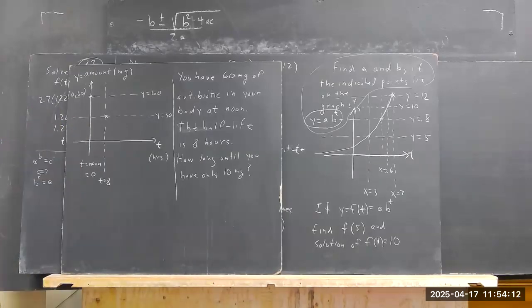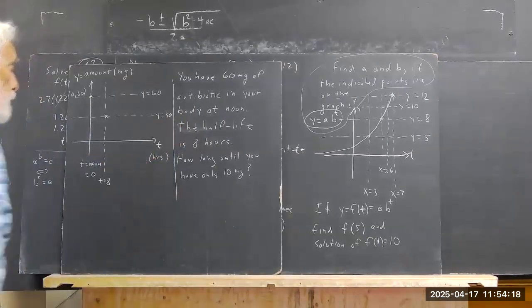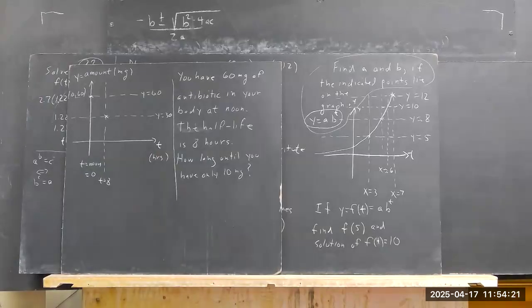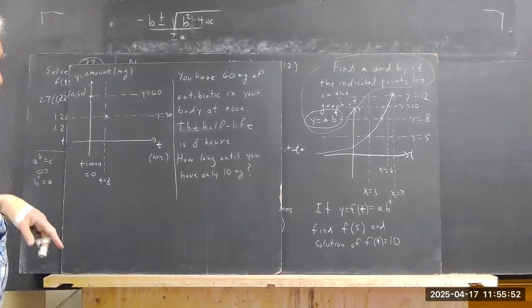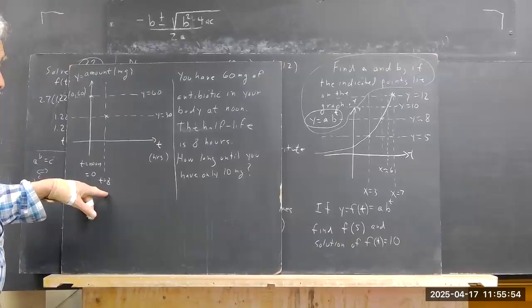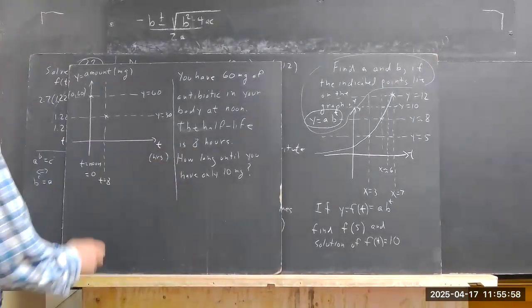Now, can you draw a graph with a couple more points on it? Okay, well, the second point, you have 30 milligrams at t equals 8. 8 hours later, you're going to have half of that.